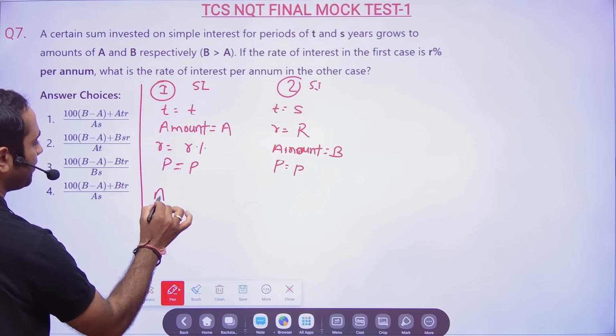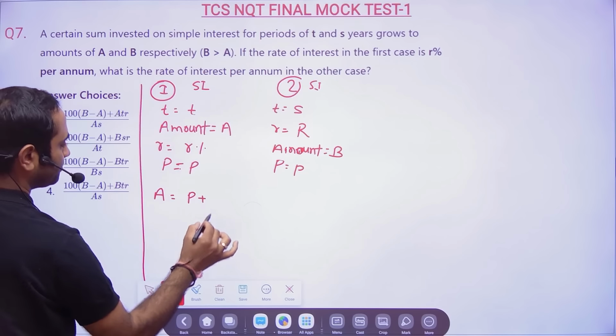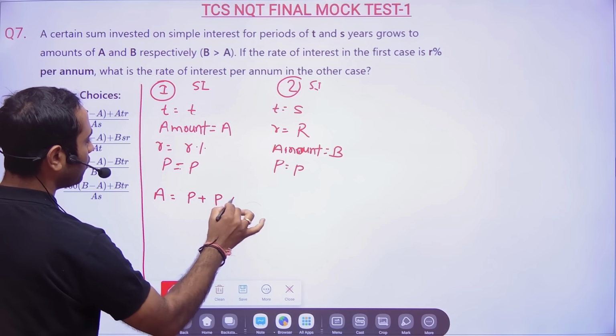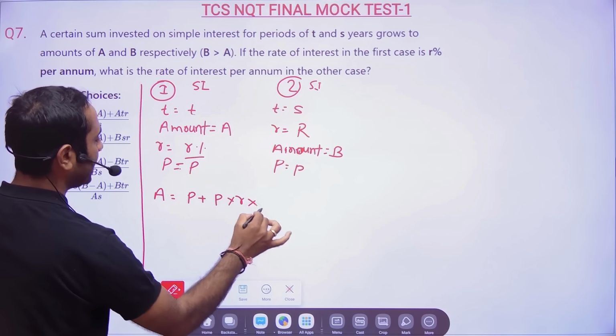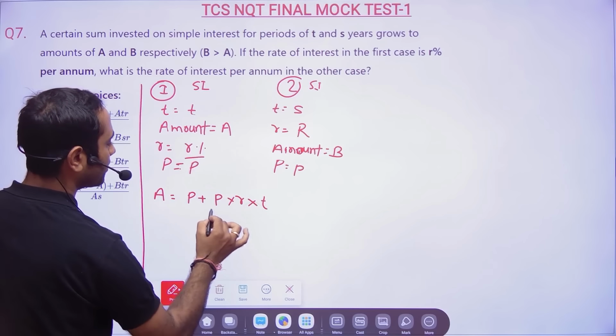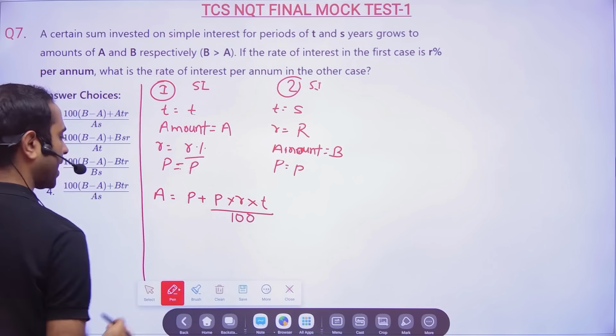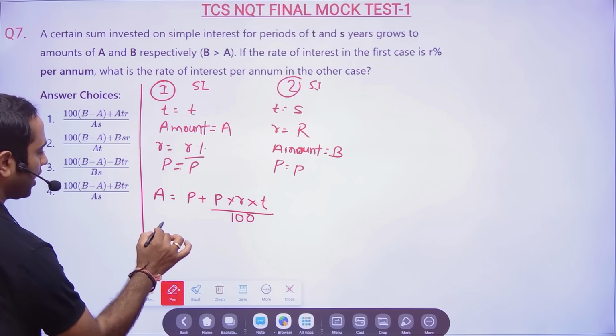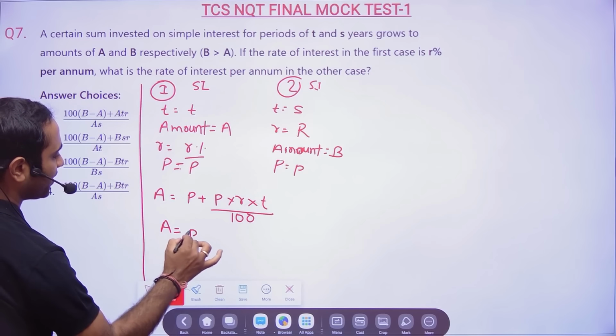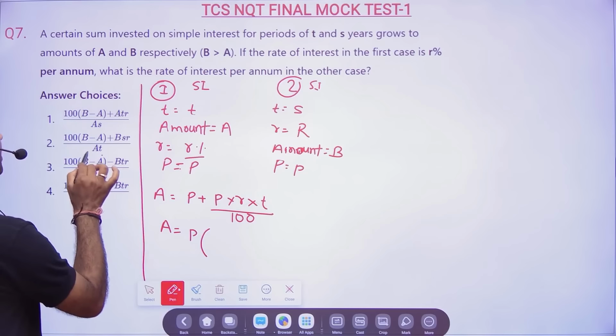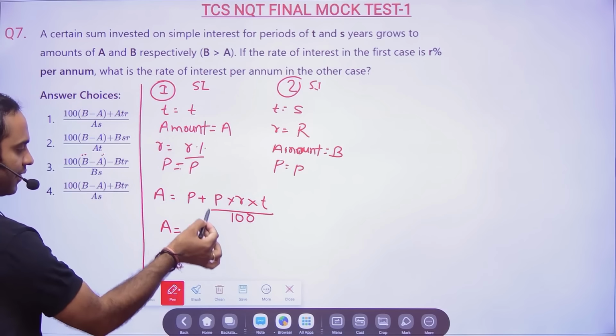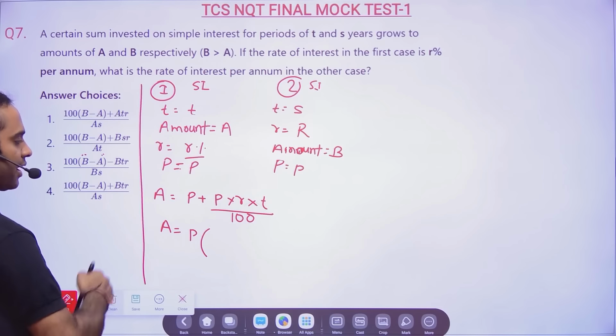So amount will be equal to principal plus P into R into T divided by 100. Basically A and B are both involved, so we will try to get the principal from here.